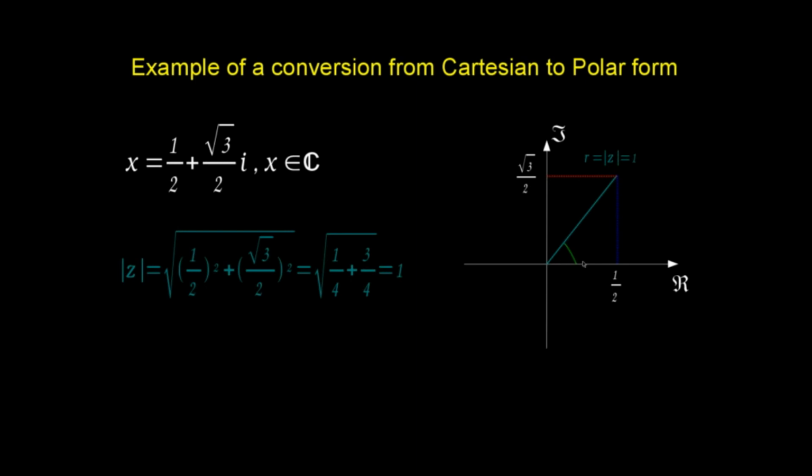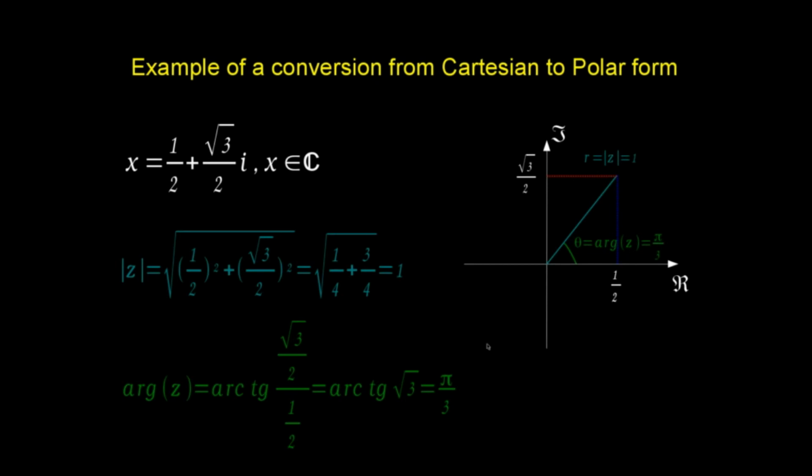Now, to determine this angle here, the argument of our complex, we can say that the argument is the arctangent of this division here, which means that is the arctangent of square root of 3, and this is π divided by 3. So our angle of our complex number is given by theta, the argument of our complex, and it is π divided by 3.